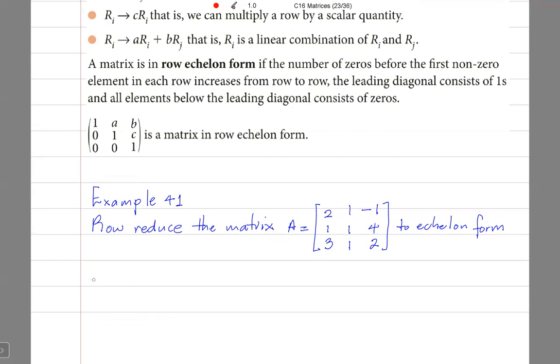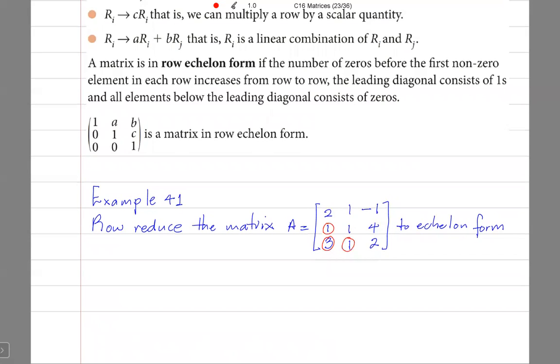The first thing I'm going to do is make these two elements here and here 0. Then I'm going to get this element to be 0. And then after that, I'll get the leading diagonal elements to all become 1.